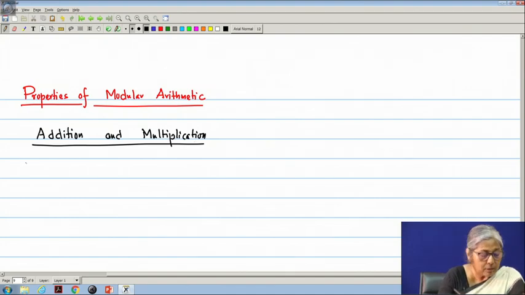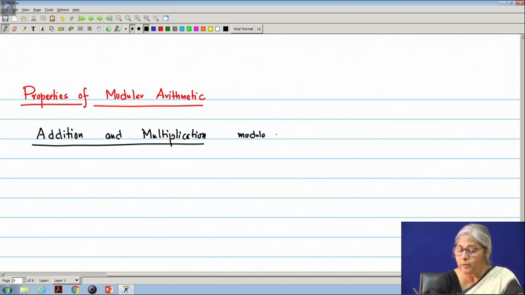Let us take one example, and with this example we define that thing. So, for addition and multiplication of modular arithmetic, we take the modulo, say, 8. Okay.